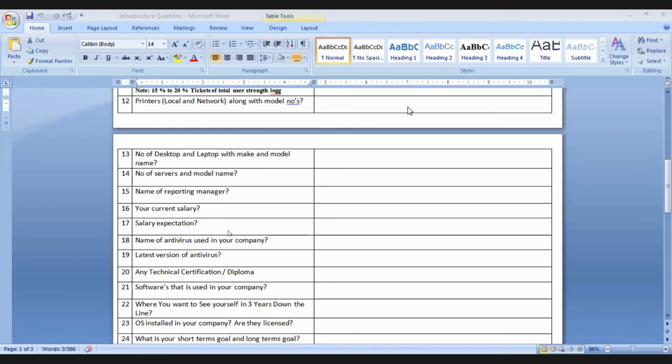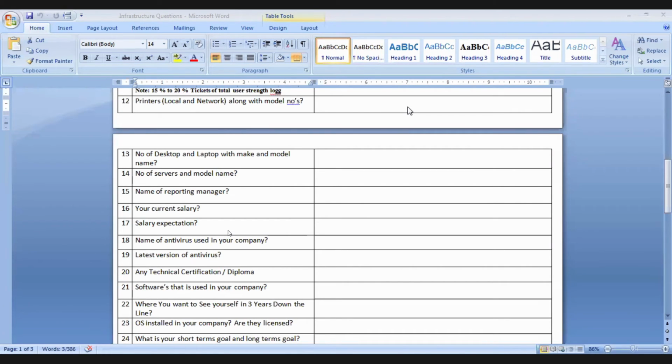Some people leave after an argument with the managers. Some leave thinking there is good pressure in the current organization, this is not good, I will get a new job, because you get a good number of good offers all the time. So mostly people leave the organization this way.